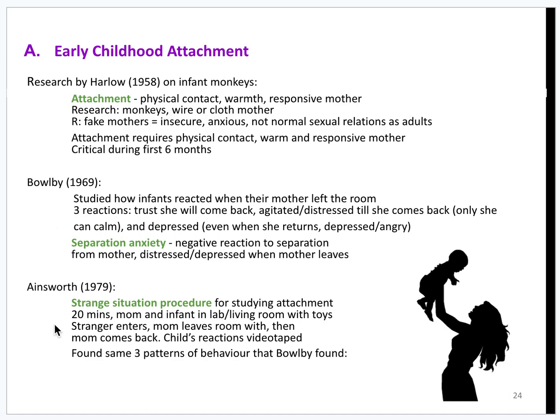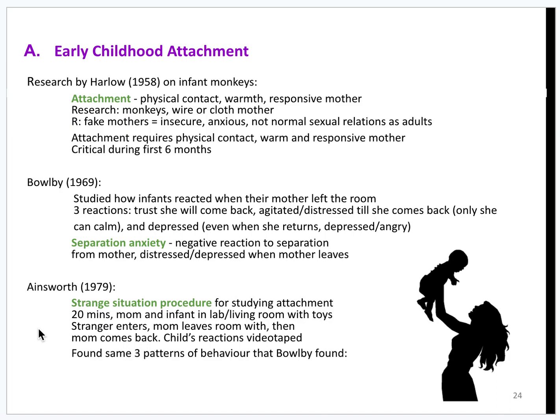The third study is from Ainsworth in 1979, and this one is called the strange situation procedure. It's similar to Bowlby's, just a little bit different. The mother's in the room and the infants are playing. Well, it's a lab, but it looks like a living room. It's got toys and whatnot.